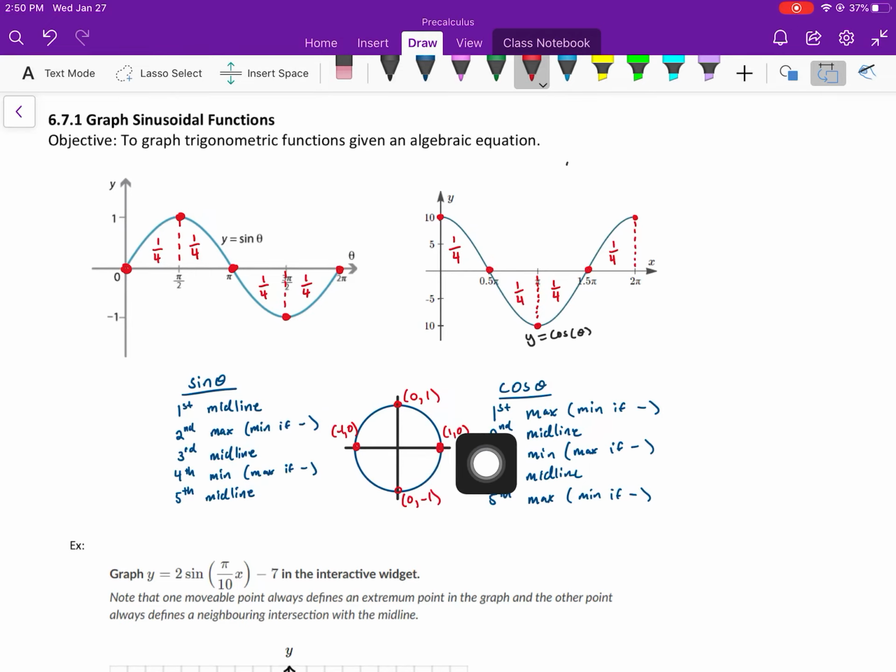So sine starts at 0, which would be the midline. Then it goes to 1, which would be the max. Then it goes back down to 0, and so on. So just following the unit circle, that's all we're doing.